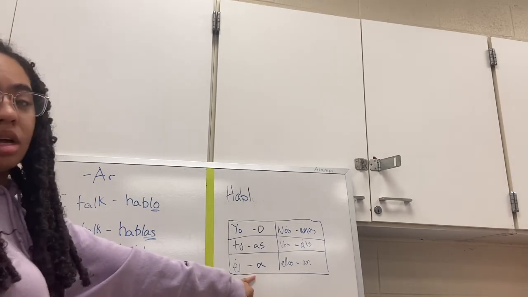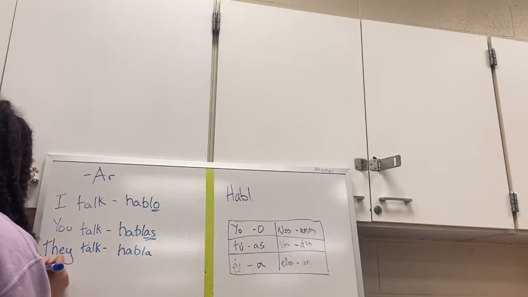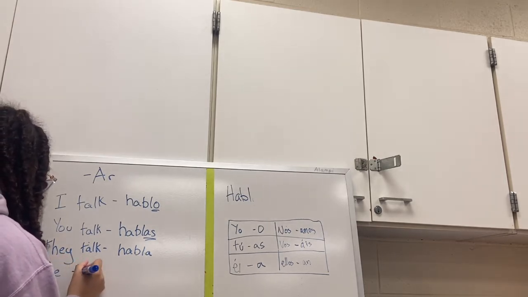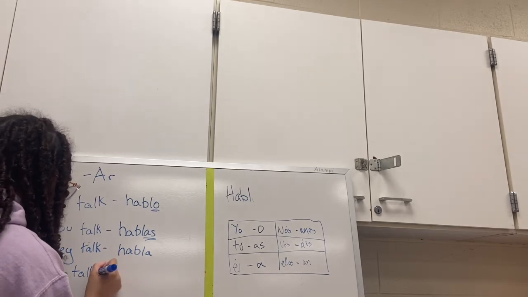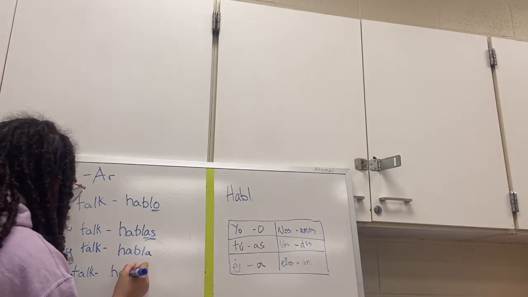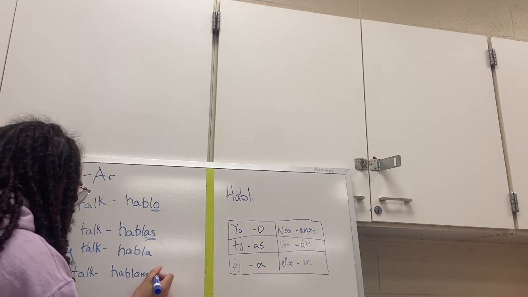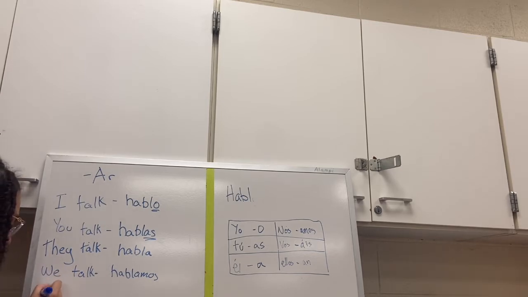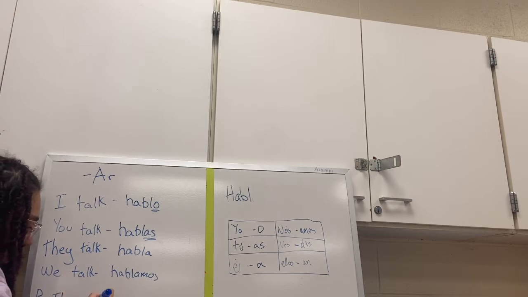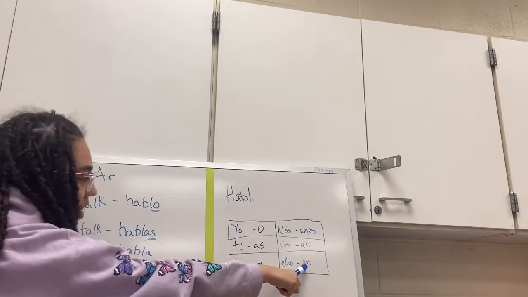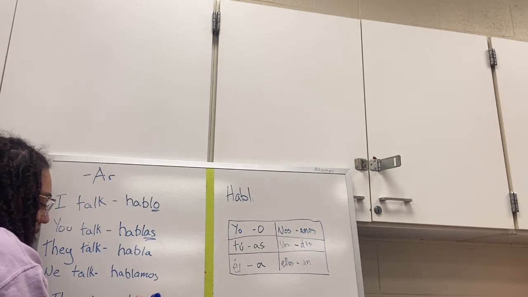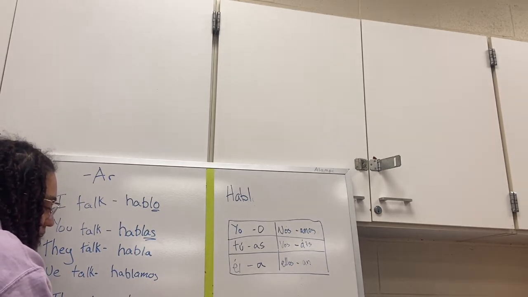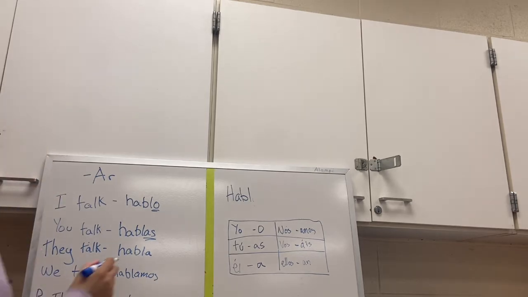And then for we talk, we have hablamos. And then for the plural they, I'm going to just put a P for plural. We have our an on there, it'll be hablan. Alrighty? So again, remember we have our endings here.